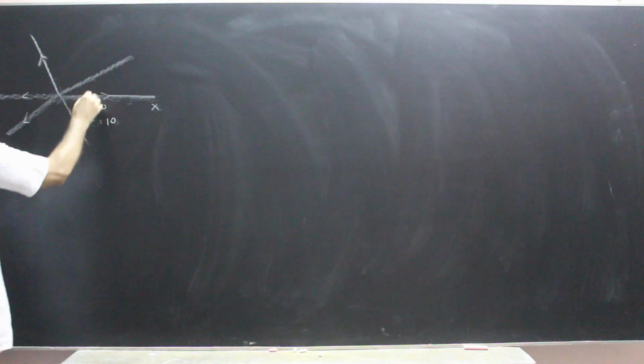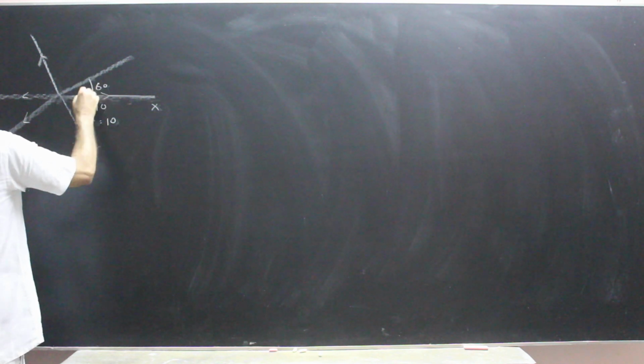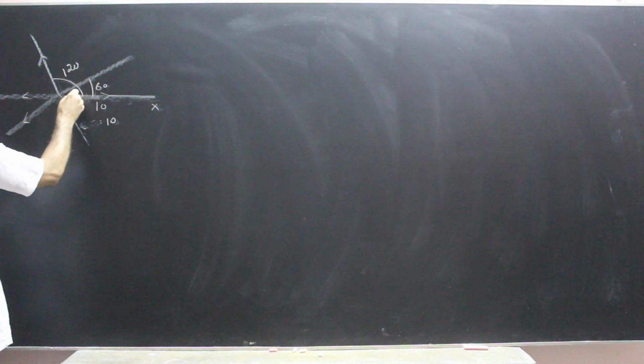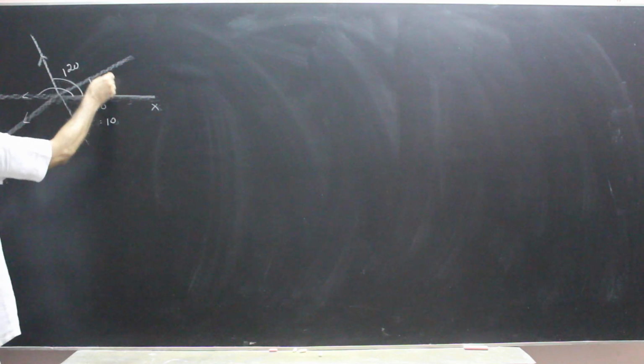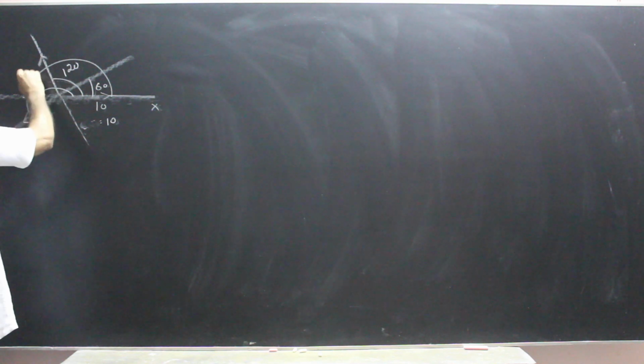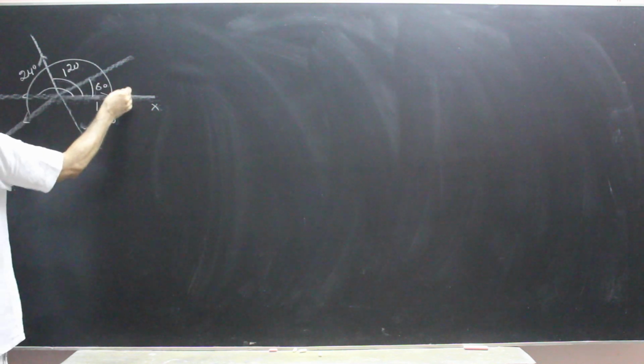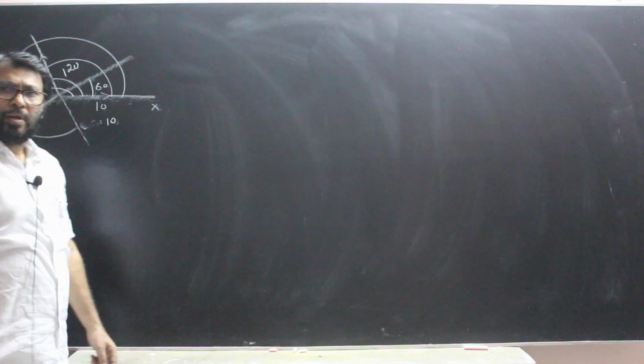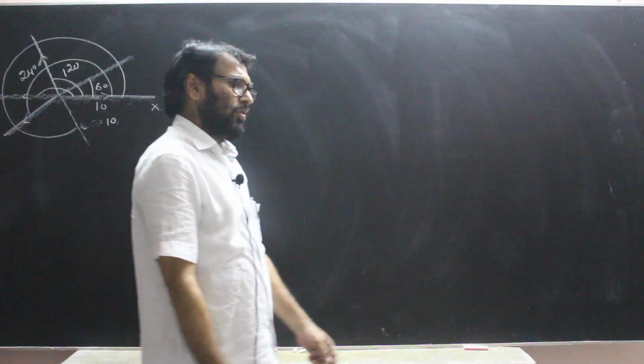So what is the resultant? This is 60, this is 120, this is 180, this is 240, this is 300, and we are going to calculate the resultant of all these vectors.